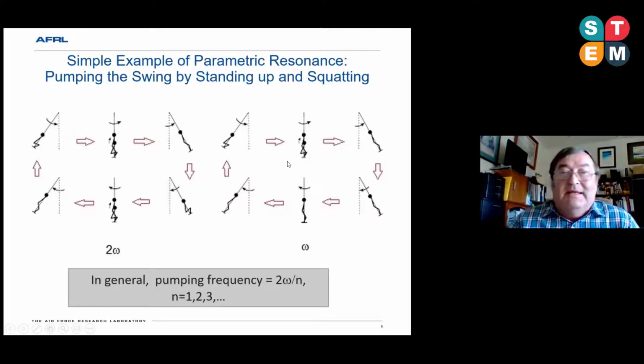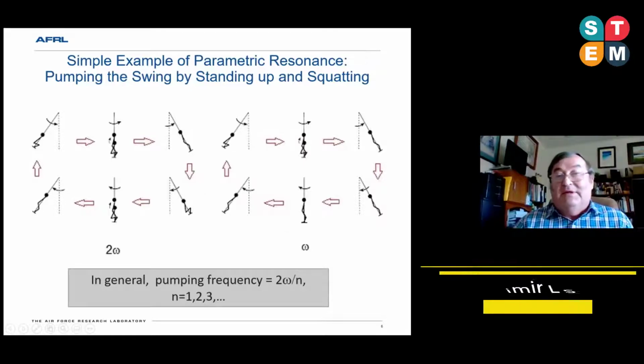But the kid can be lazy and just squat once, not squatting in the back motion. And in this situation, we have excitation of the swing only with the same frequency. In general, pumping frequencies could be equal to 2 omega divided by n, and n is, in this case, n equals 1, in this case, n equals 2.